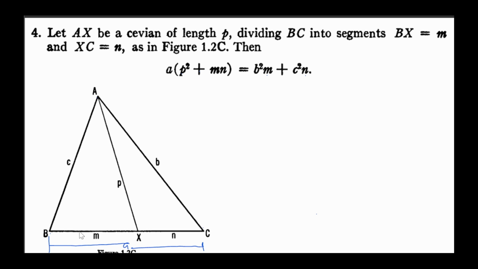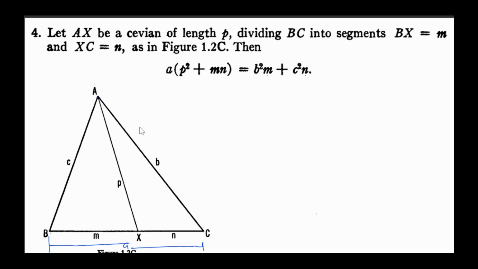So m plus n is equal to a. We have to find the length of the cevian AX, which is denoted by p. The unknown is p and the other things a, b, c, m and n are known. So we have to find the relation between a, b, c, p, m and n.